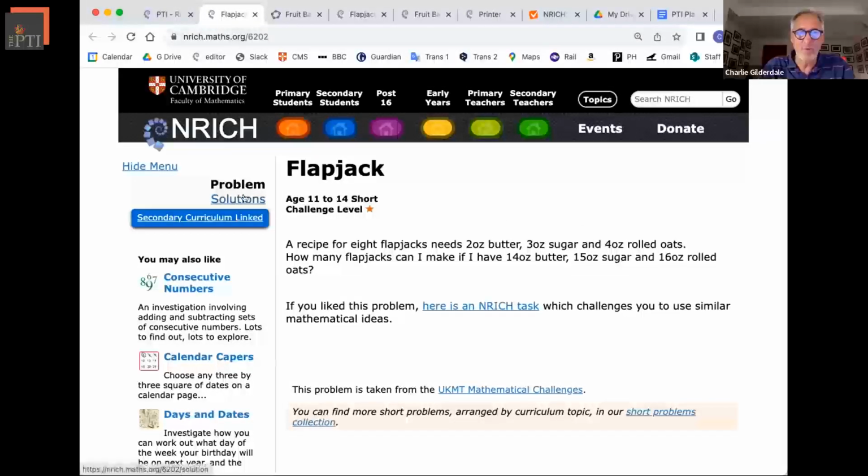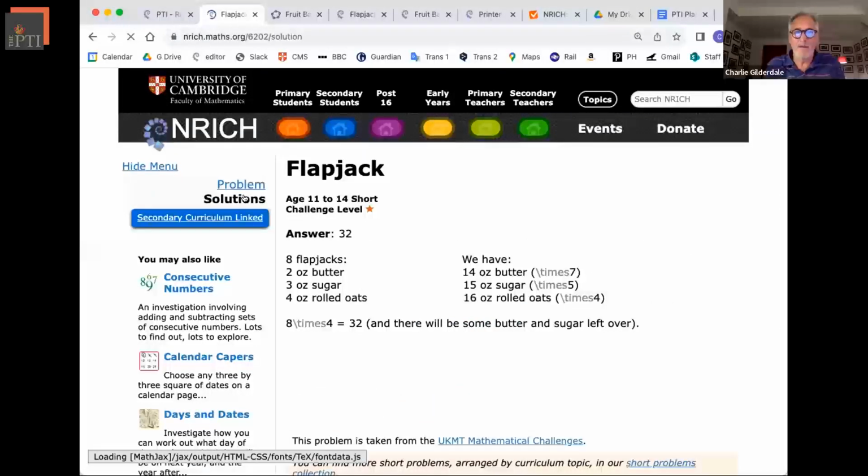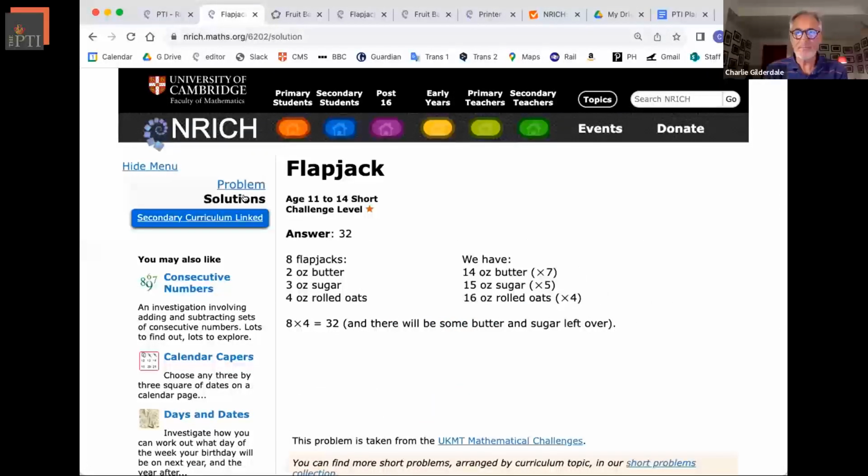We haven't done that for the short problem, but the short problem solution for flapjack is very similar to what a lot of people are saying, looking at the limiting factor. So how many lots of 8 flapjacks could we make with 14 ounces of butter? Well, that's 7 times the 2 ounces of butter that you need for 8.